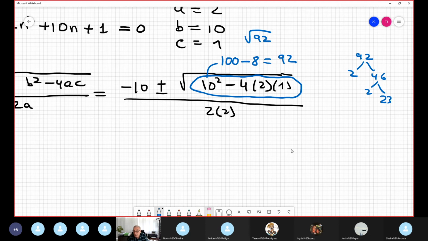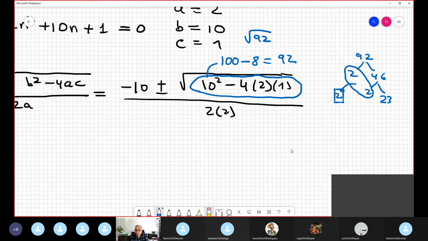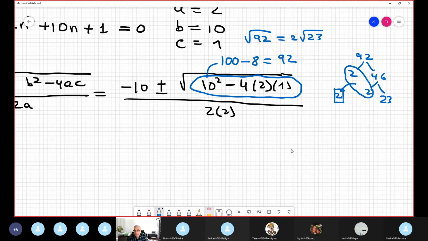And 23 is a prime number. We cannot continue breaking down, and you discover at least one couple of 2 that represents 1, 2 outside the radical. So 2 radical 23, something like that, right? And this 23 stays inside the radical.